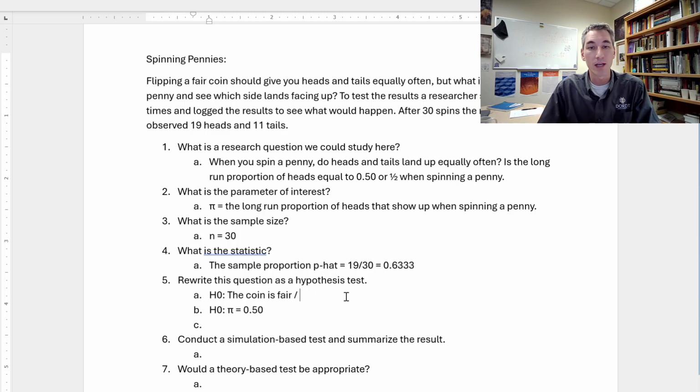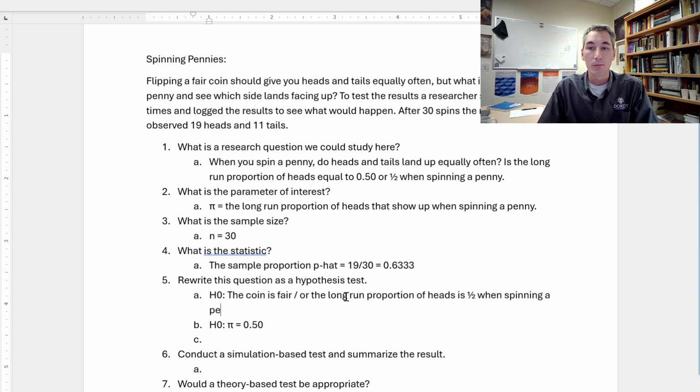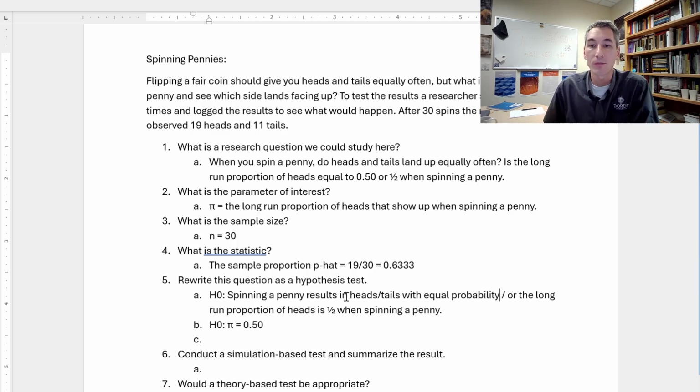That'd be one way to say it, or the long run proportion of heads is 1/2 when spinning a penny, right? You could write this out in words, and maybe I could be more precise here. Other than the coin is fair, spinning a penny results in heads and tails with equal probability or something. So there's more than one way to write something like this.